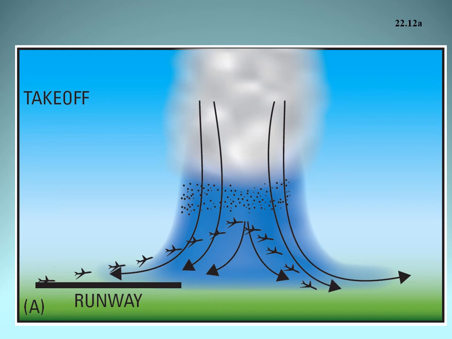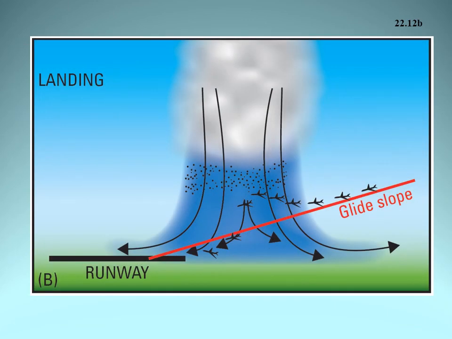What about if you're trying to land? If that microburst is in front of the runway, when you're starting to land, you might actually go higher into the air, and you think, okay, well then I need to slow down the airplane. But then of course, unfortunately, you're on the other side and you have a tailwind.